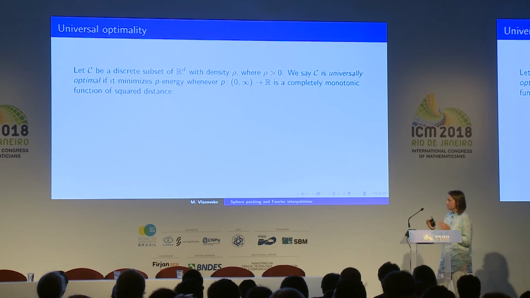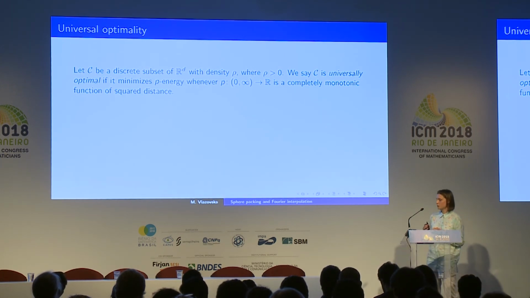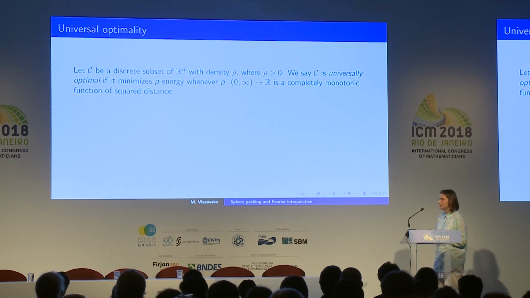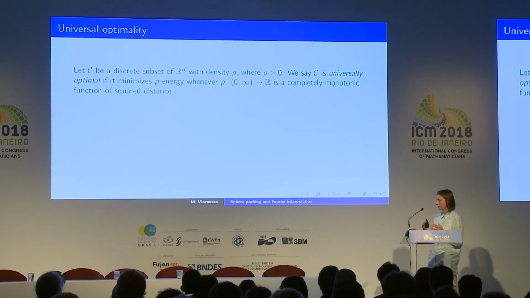And so this ground state will depend a lot on our potential which we choose. And for some potentials and for some dimensions, the situation can be very complicated. One example is the Gaussian potential in dimension 3.